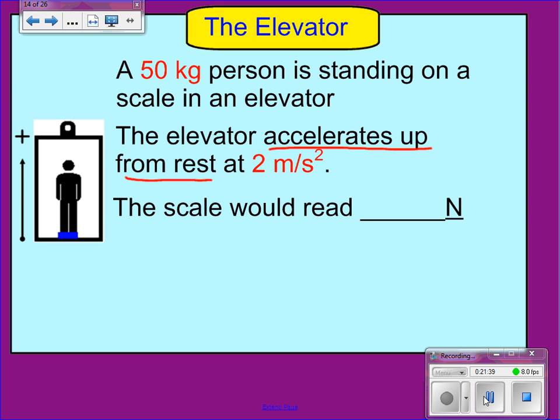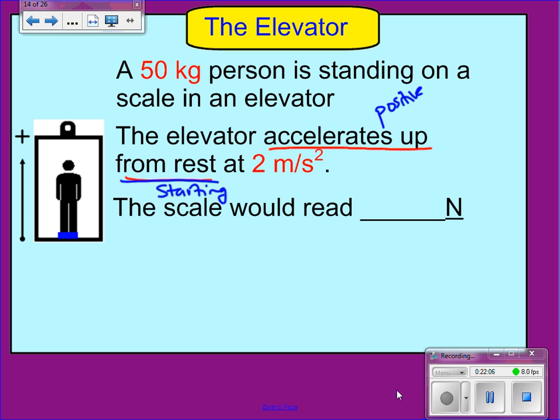So does that mean that the elevator has a positive or negative acceleration? Well, remember, up is positive. So since it's accelerating up, my acceleration will be positive. When it says from rest, that means I am starting. Okay, so we're going to kind of think about that as we go through this example.